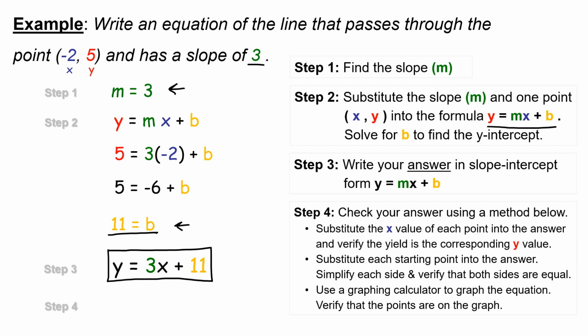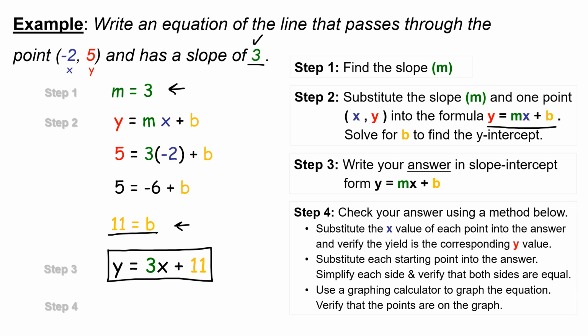Step 4. All right, we can check our answer by using a few methods. We could substitute x and y. We can substitute just the x. We can use a graphing calculator or graphing program. I'm going to go with substitution. So I'm given, you can see that the 3 right here is the slope. So we satisfied that aspect of it. Put a check mark right there. All right, now does it hit the point -2, 5?